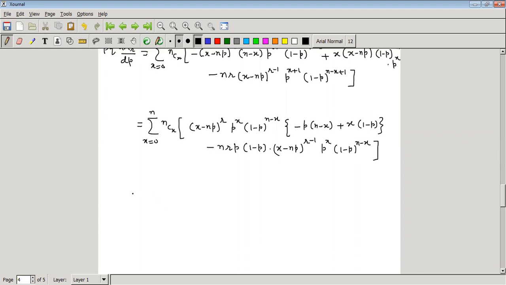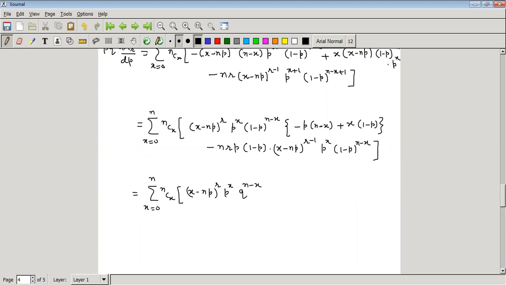So in the next step, this is summation x equal to 0 to n nCx (x minus np) to power r into p to power x into (1 minus p) to power n minus x. So 1 minus p we can write as q. So we can write this as q to power n minus x.